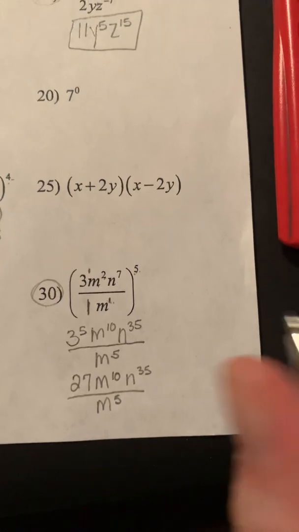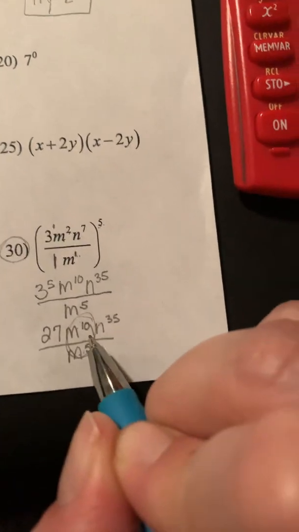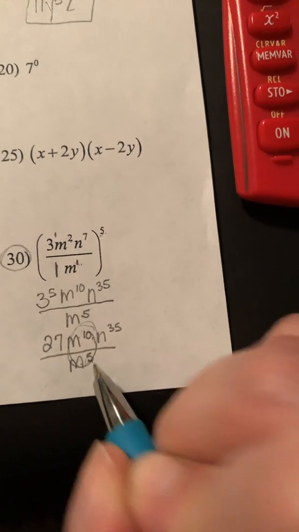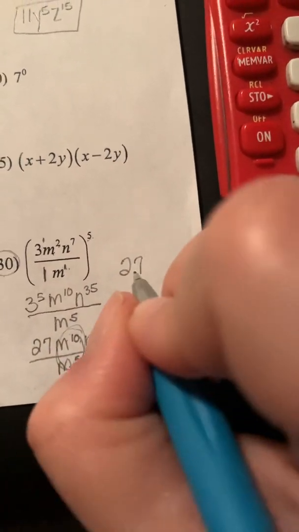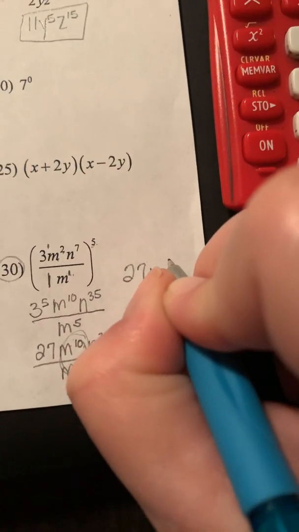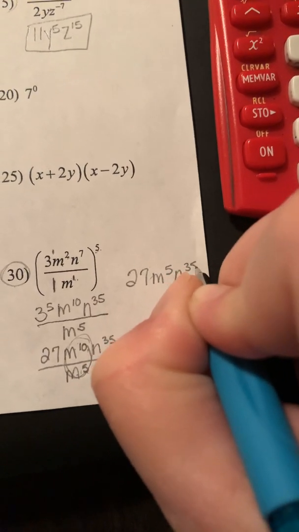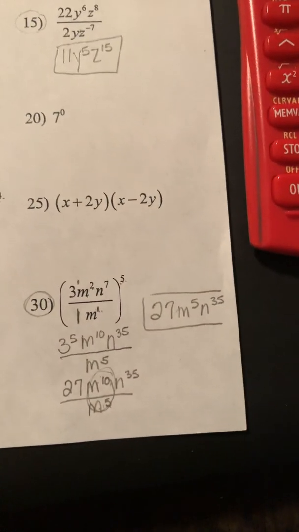So the last thing that we can do is simplify our m's here. So subtract our exponents. 10 minus 5 is 5. So we're left with 27m to the 5th, n to the 35th. And that's your final answer. I hope this helps.